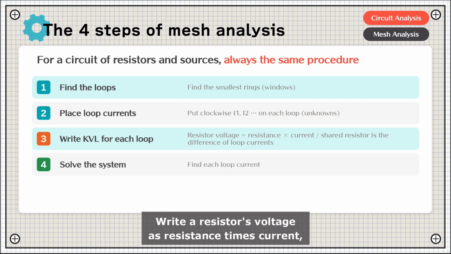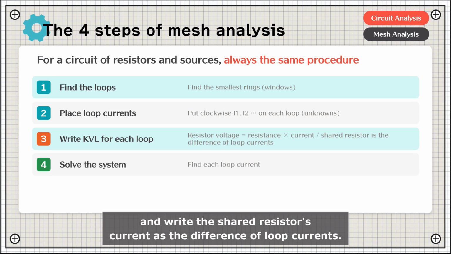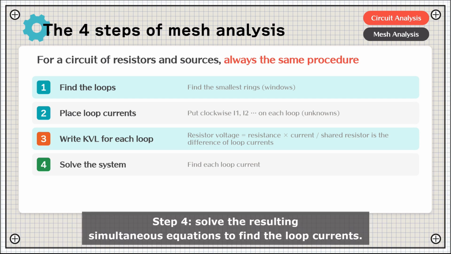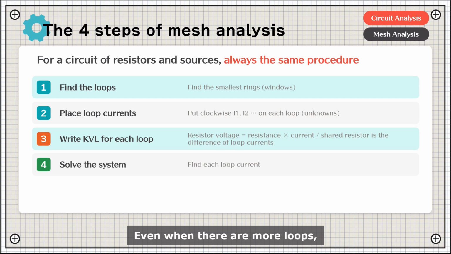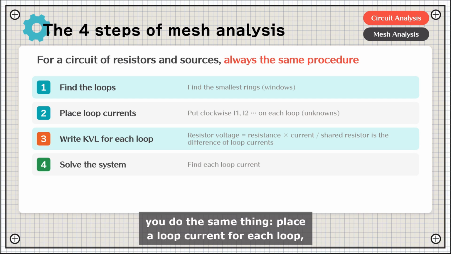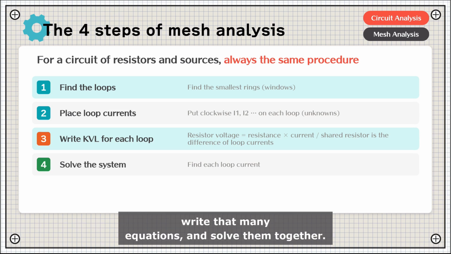Write a resistor's voltage as resistance times current, and write the shared resistor's current as the difference of loop currents. Step 4. Solve the resulting simultaneous equations to find the loop currents. Even when there are more loops, you do the same thing. Place a loop current for each loop, write that many equations, and solve them together.